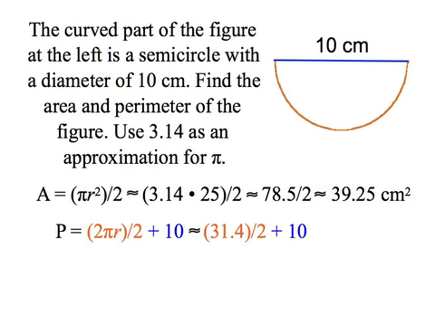And we plug in 3.14 for pi, multiply it by 2r. Remember that r is 5, so 2r is 10. 3.14 times 10 is 31.4. Divide it by 2, and then add 10, and our final answer for the perimeter is 25.7 centimeters.